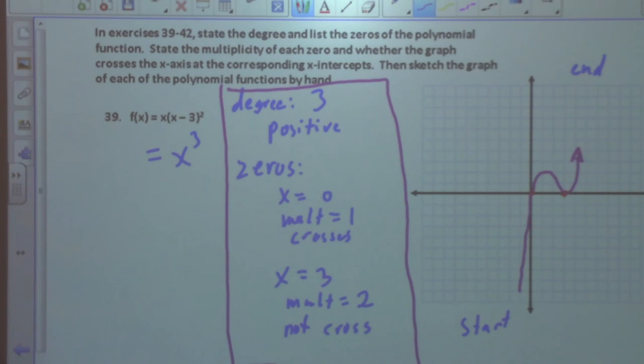Do you see how what we're doing puts together some of the things you've been doing the past few days, with the factoring, with finding the zeros, with the multiplicity of zeros, and all this kind of stuff.